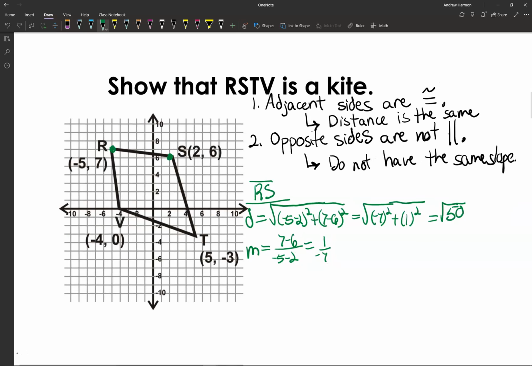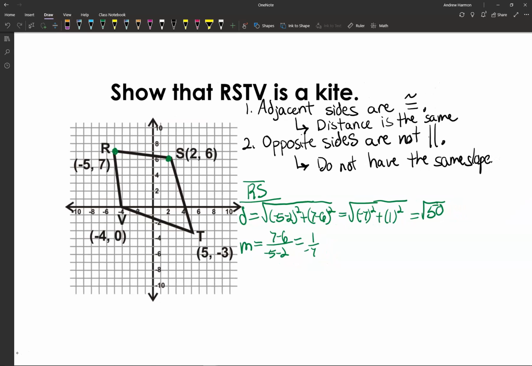Alright, so that is our RS. I'm going to erase this a little to save us some space. Let's take a look at the others. Let's look at RV, so R to V. If we draw a little triangle point to point, we go down and then over. You see that it's down 7, so negative 7, and right 1, so positive 1.